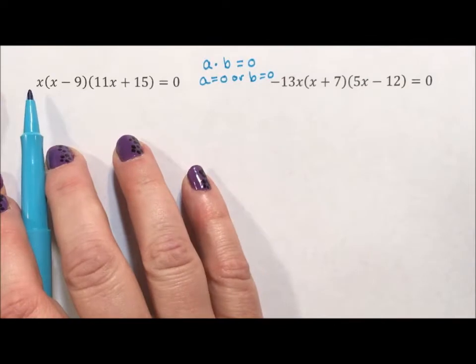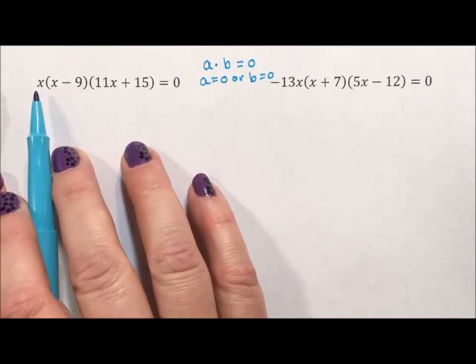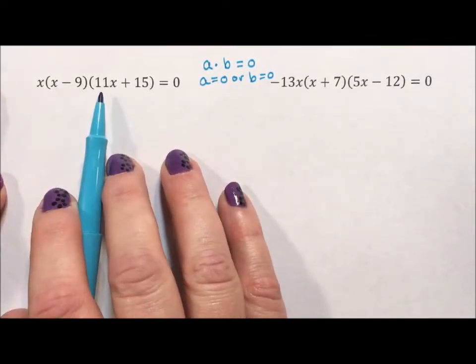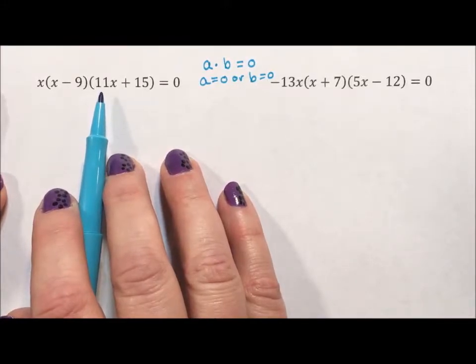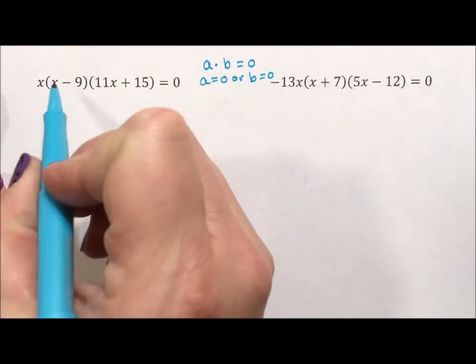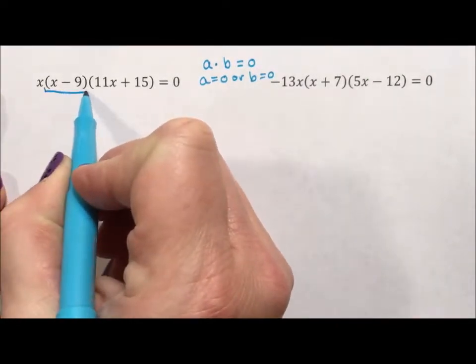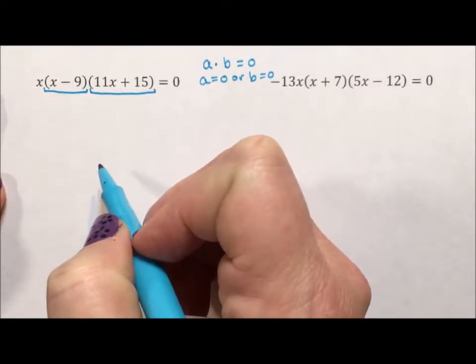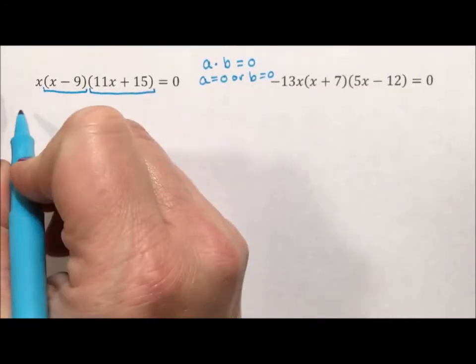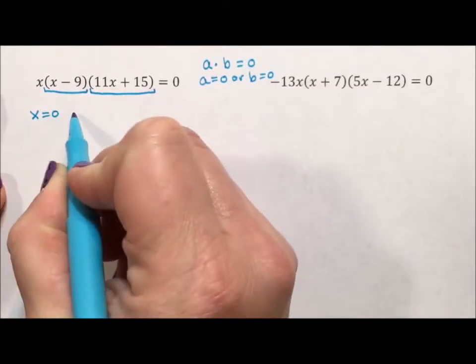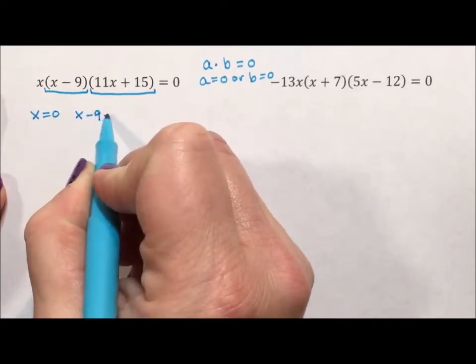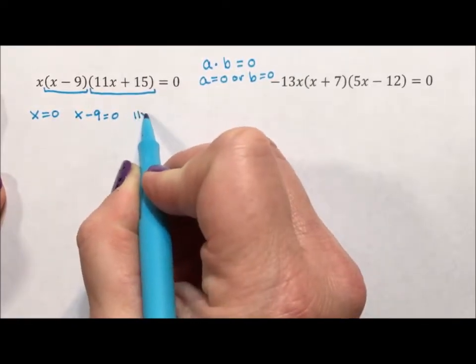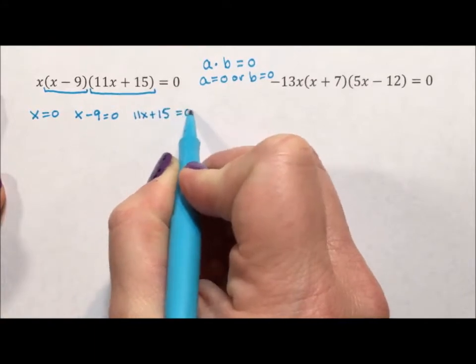So here I have three items multiplied together: x, x minus 9, and 11x plus 15. And I know for a fact that one of them has to equal 0. And remember, this parenthetical phrase represents a single number, and this parenthetical phrase represents a single number. So either x is equal to 0, x minus 9 is equal to 0, or 11x plus 15 is equal to 0.